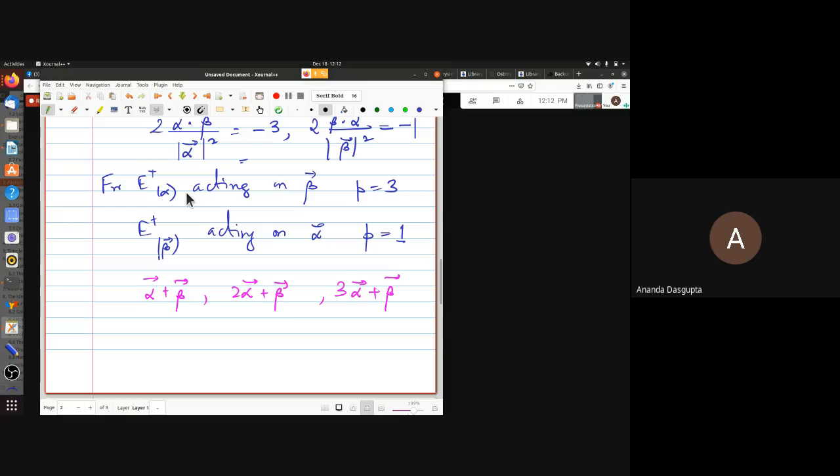Those are the 3 roots I get when I shift beta in the direction of alpha up to 3 times. Of course, E plus beta acting on alpha tells me that beta plus alpha is a root, but that's not a surprise, we have already found that. It's the same as this one, so no point in counting it again. It also tells me that 2 beta plus alpha is not a root. You can't shift alpha in the direction of beta twice. Or 3 beta plus alpha is not a root, and so on.